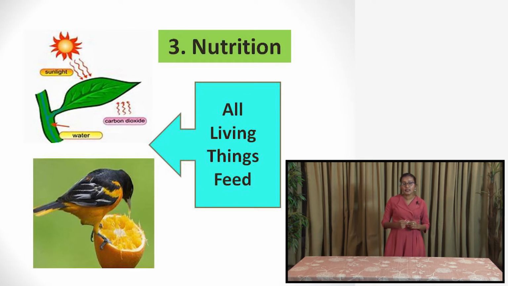And photosynthesis is the process where plants make their own food using sunlight, water, and carbon dioxide, right? And in the second picture there, you have a bird eating an orange. So, plants make their own food, and animals depend on other animals for their food, right? So, we could all say all living things feed.